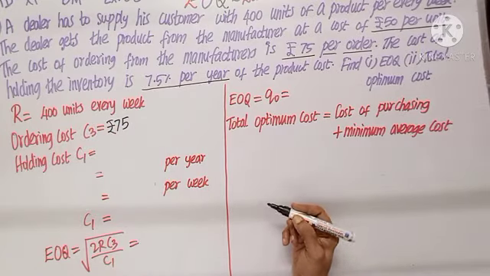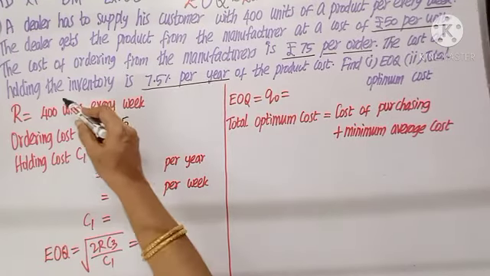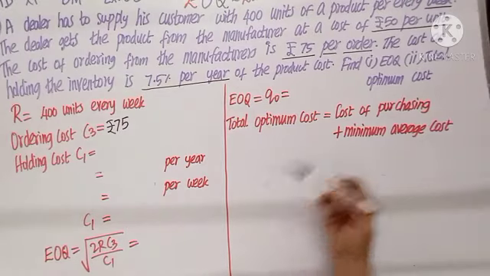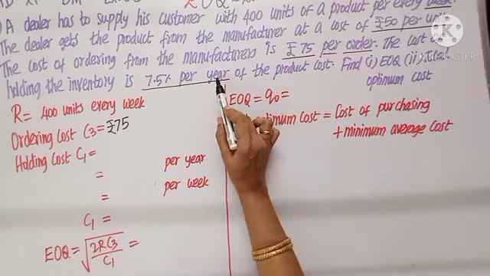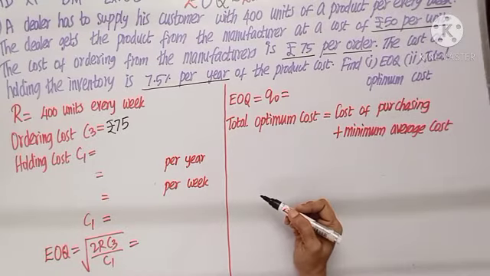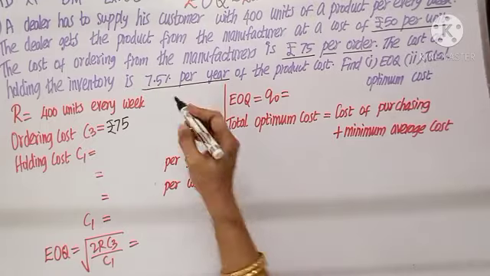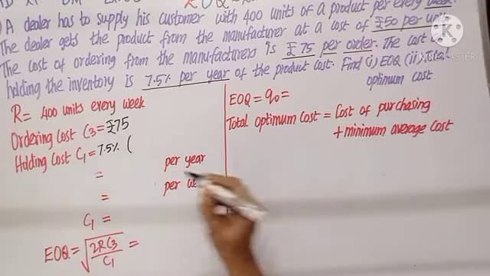We must be careful because here year is given for the holding inventory, whereas here week is given. So let us calculate it for year and convert it for week. What is C1? Usually we write 7.5% of unit cost.